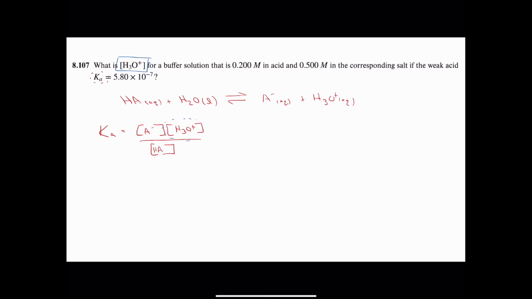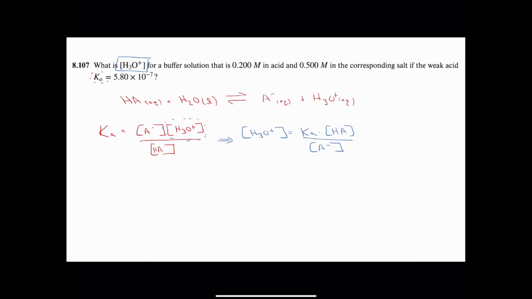So all I need to do is rearrange my formula. I've gone ahead and done the algebra already. So the concentration of hydronium is going to be equal to the Ka multiplied by the concentration of the weak acid divided by the concentration of my conjugate base.